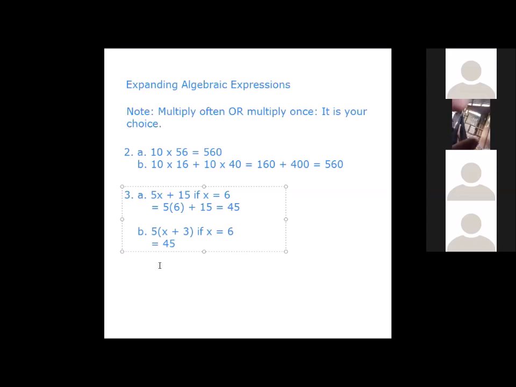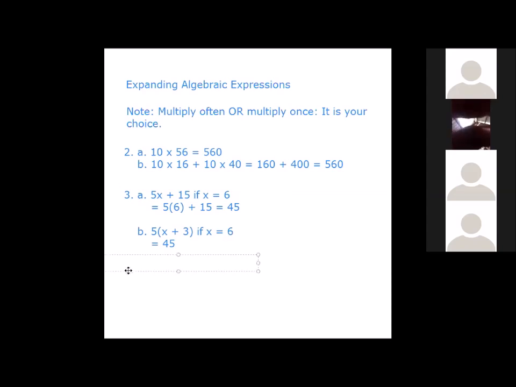And then multiply 5 to 3. 5 times 3 is 15. Therefore, 5 times x plus 3 is just equal to 5x plus 15. That's why when we substitute any values of x into the equivalent expressions, our answers were correct, because they are actually equal. 5x plus 15 is equal to 5 parenthesis x plus 3.